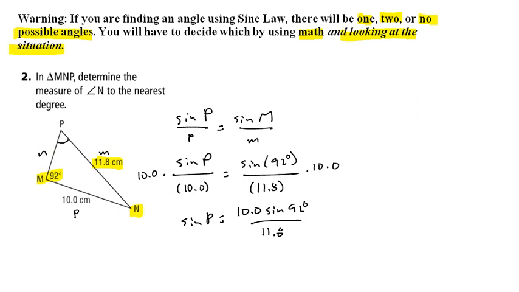And when I get that into my calculator, I'm going to see that sine P equals 0.8469, which means that the sine of my reference angle is going to be the absolute value of 0.8469, which means that my reference angle is approximately 58 degrees.